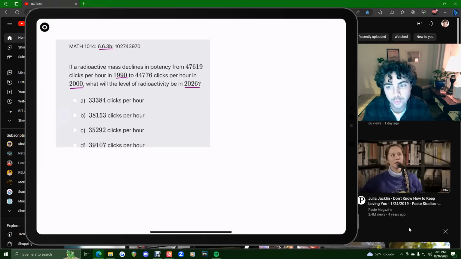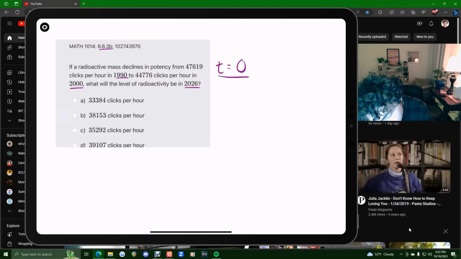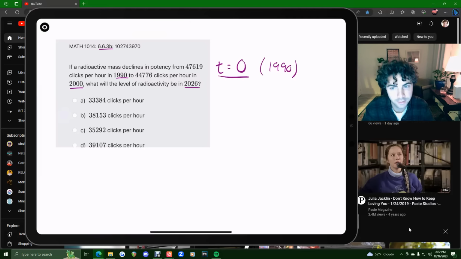We are not going to use 1990, 2000, and 2026 as our t values. We're going to label the earliest year as time 0. So 1990, our earliest year, will be time 0, and every other year will be in reference to 1990.